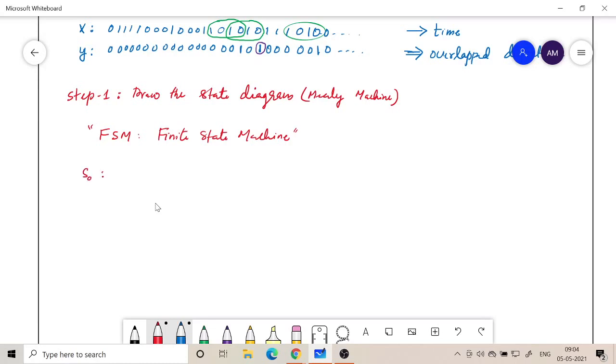These are states, and state S0 means not yet detected a single bit.